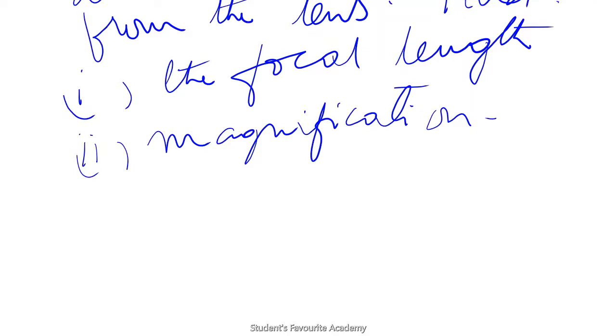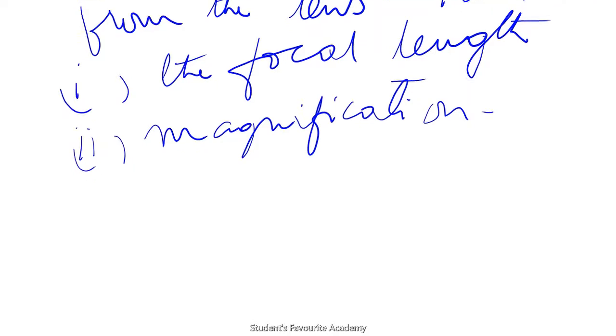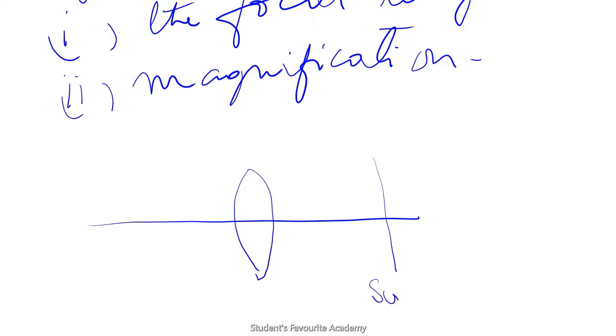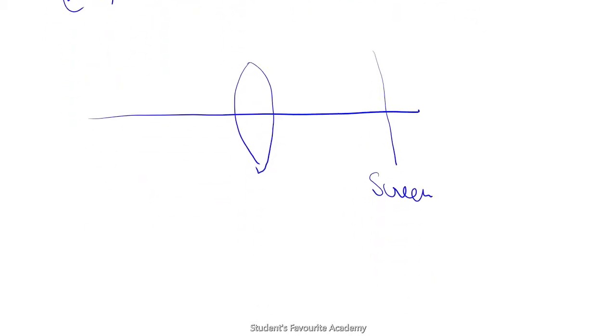So now suppose this is the lens, and this is the screen. Now the illuminated object is kept here. The question says an illuminated object lies at a distance of 1 meter from the screen, so this whole thing is 1 meter, that means 100 centimeter.